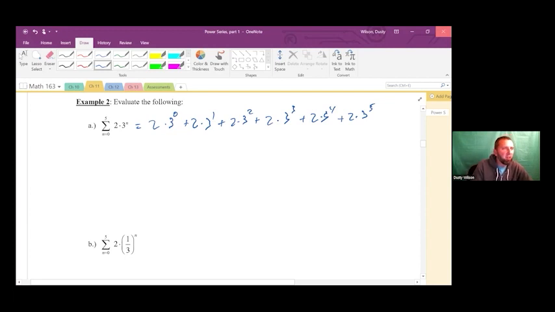Okay, this is going to be some number. Maybe I could crunch it really fast on my calculator. There's a common factor of 2, so I'll factor that out. So I got 2 times 1 plus 3 plus 9 plus 27 plus 81 plus 243. So I've got 728.